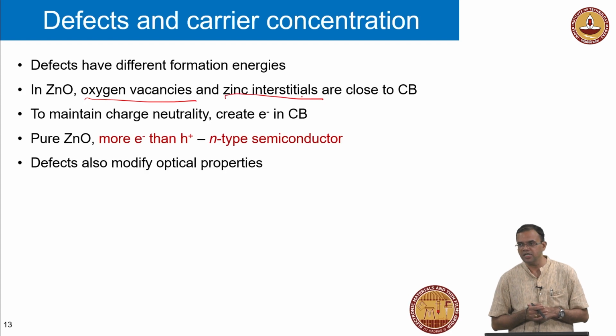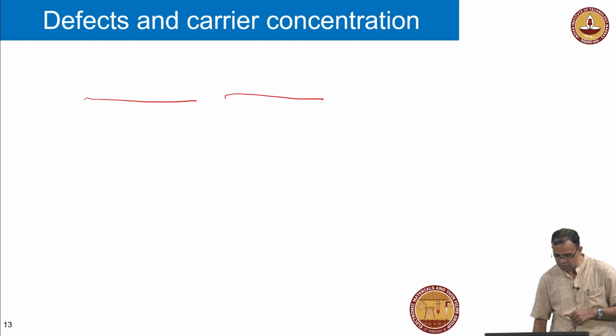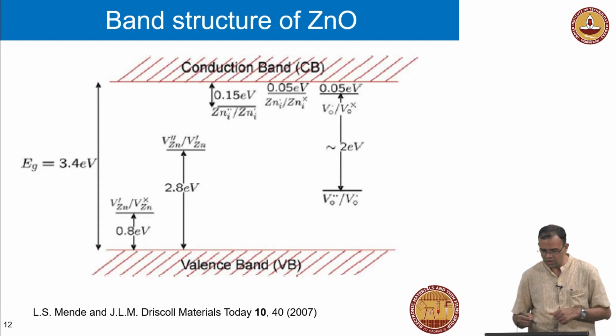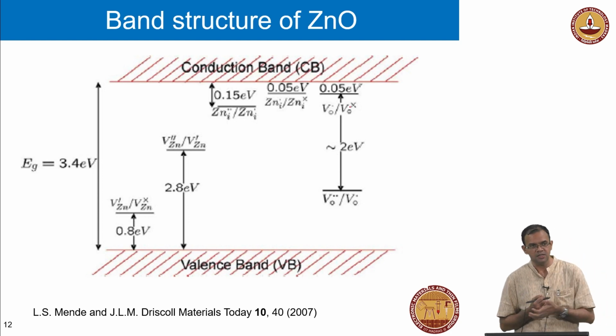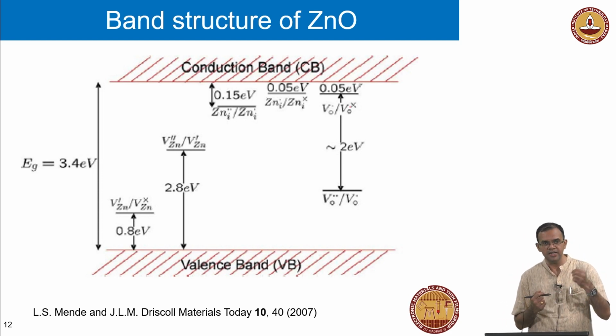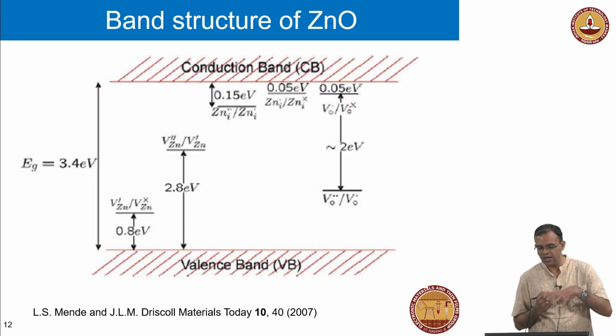So these are the ones that are most commonly produced. If I go back to the previous diagram, an oxygen vacancy says I am removing an oxygen atom from the lattice. Originally it is a site that has -2. The moment I remove the oxygen atom, that particular site has a positive charge.